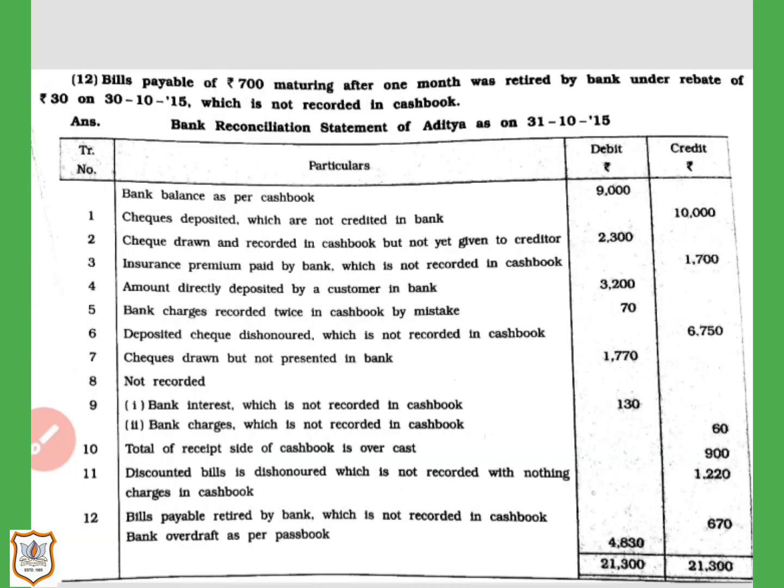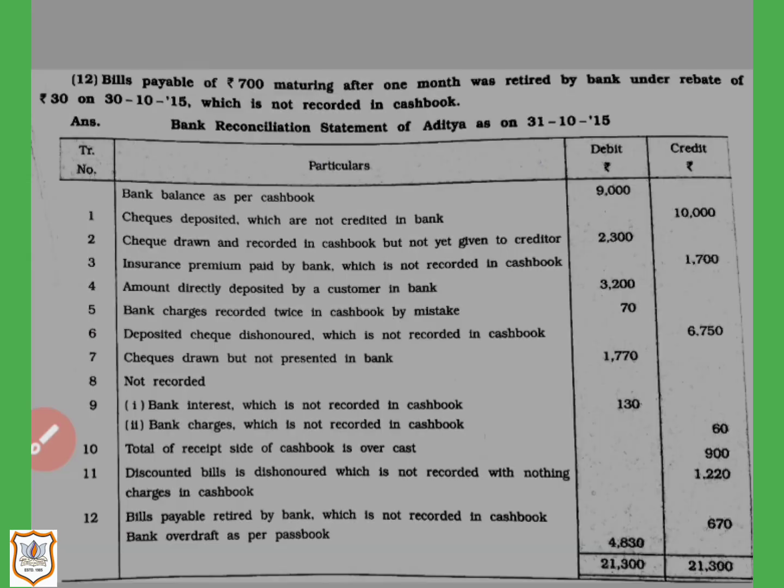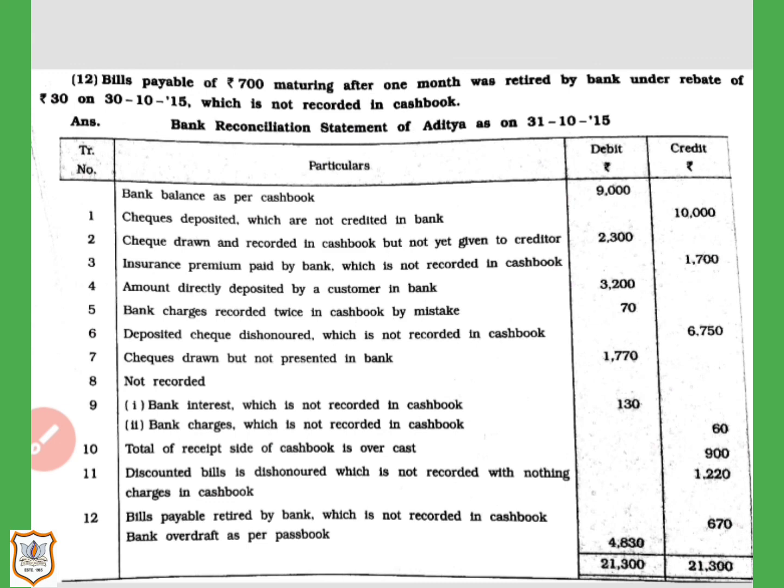Now here, the difference is the balance as per passbook, as we have taken balance as per cash book as the starting balance. Now as it is appearing on the debit side, it will be called bank overdraft as per passbook. So here we have finished this question. I hope it is clear to you all. Thank you very much.